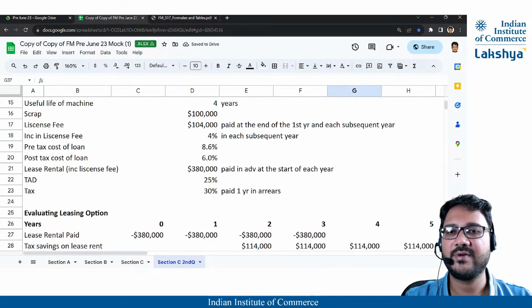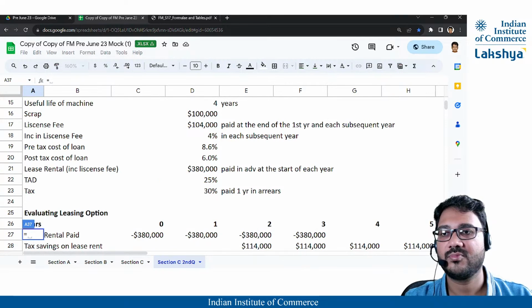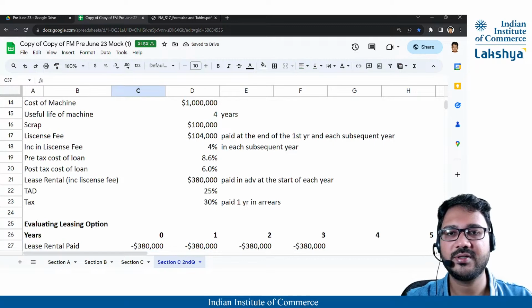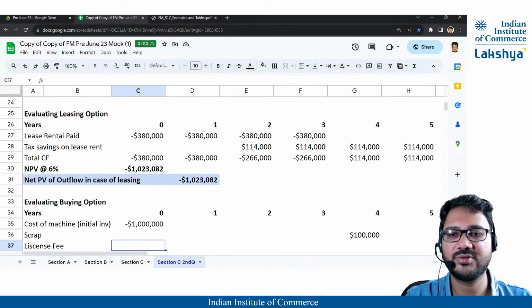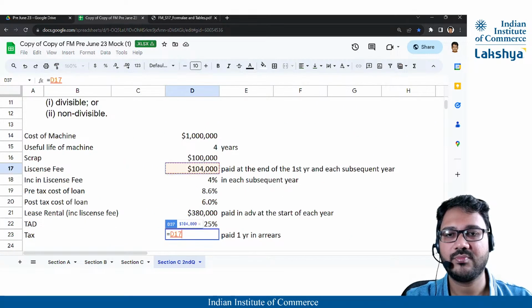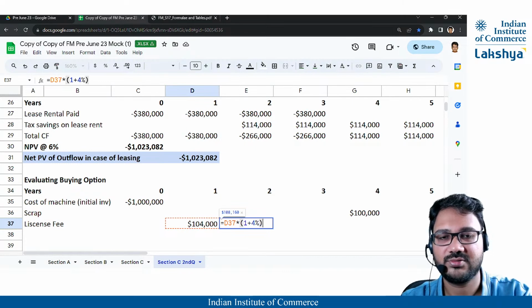What else do we have? License fee is $104,000, and it is paid at the end of the first year and subsequent years. So $104,000 at the end of the first year. But in subsequent years, it's increasing by 4%, so into 1 plus 4%.